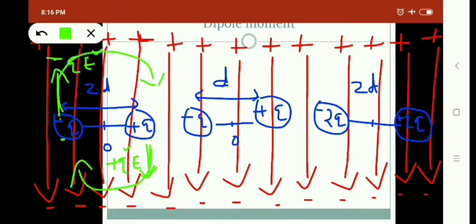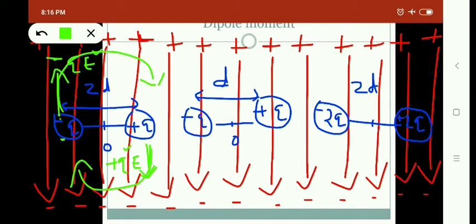Both charges will have a tendency to rotate in the same direction, that means in the clockwise direction. So due to this torque, the dipole will rotate.